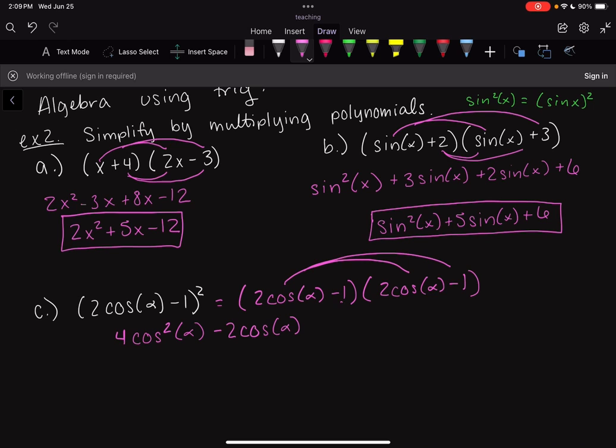Negative 1 times 2 cosine alpha would be minus 2 cosine alpha. And then lastly, negative 1 times negative 1 would be plus 1. This can simplify. 4 cosine squared alpha minus 4 cosine alpha plus 1.